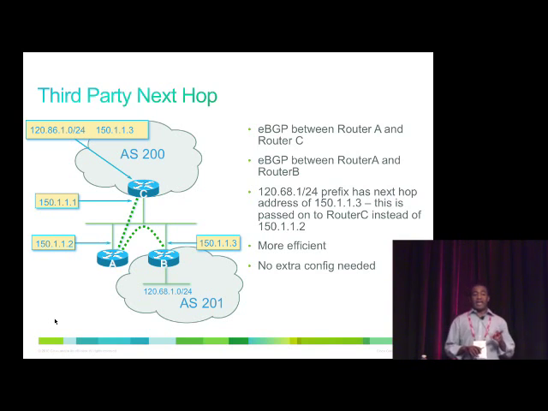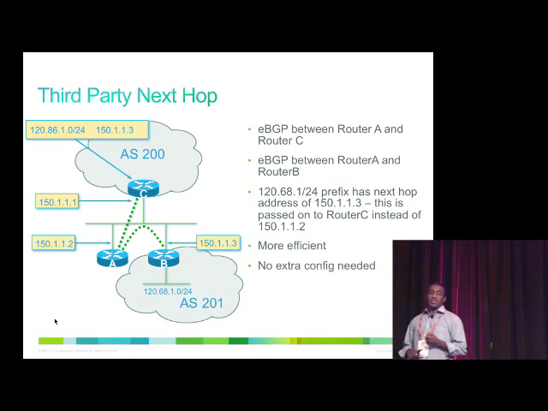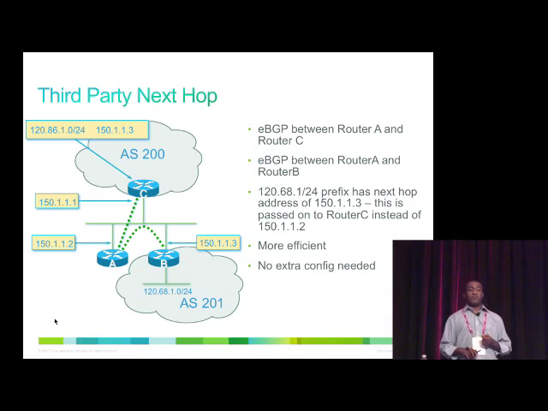C is peering with A and B is peering with A. Now, if by default it uses the peering IP address, so if B uses the peering IP address for routes 120.186.10, it will first send that traffic to A, and then A will send it to C. But this is a waste of bandwidth. So when this is a shared network, when A advertises the route to B, it will change the next hop to be the third-party next hop, which is the next hop of C.